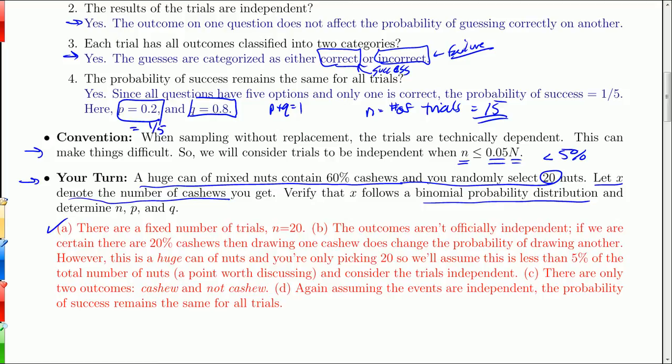But since we're assuming this is a huge can of nuts, and we're only selecting 20, we'll assume that our small sample of 20 is less than 5% of our huge can, however many that is. So we will go with convention here and say, all right, they are independent enough.